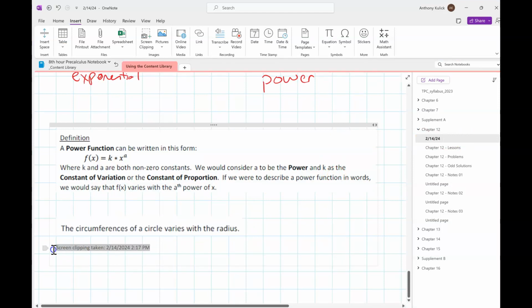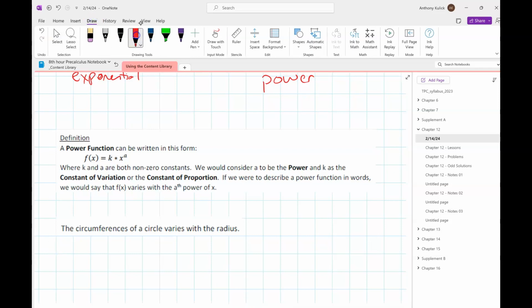So let's say the circumference of a circle varies with the radius. So I would say C equals K, and then it doesn't say power of the radius, right? So I assume it's going to be 1. Now, who from geometry remembers what K should be?